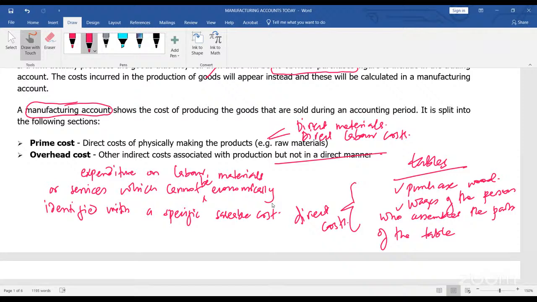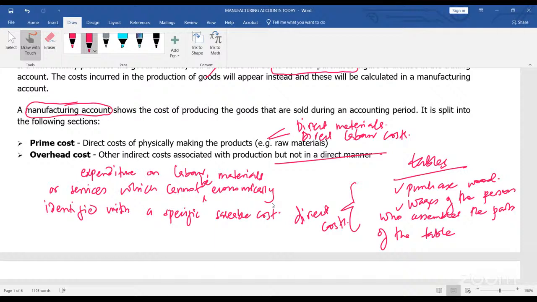So in the cost that you're going to incur to do production, there will be those costs that are direct. At the same time, there will be those other costs that are indirect. The costs that are indirect are referred to as overhead.